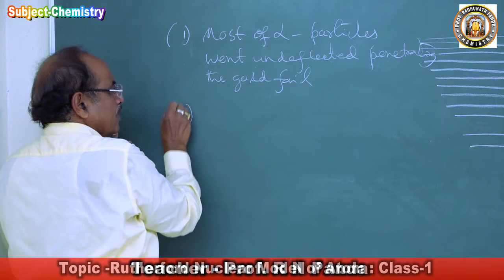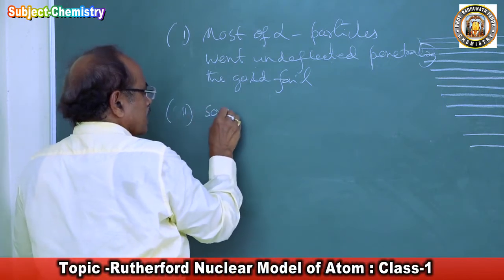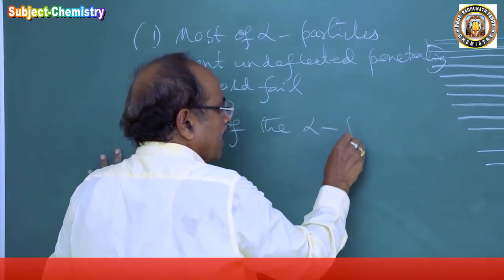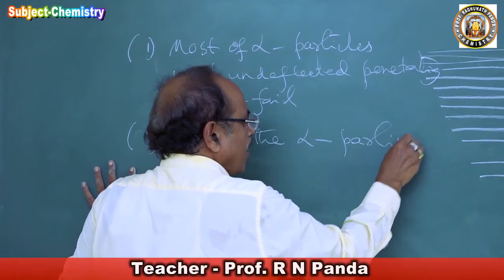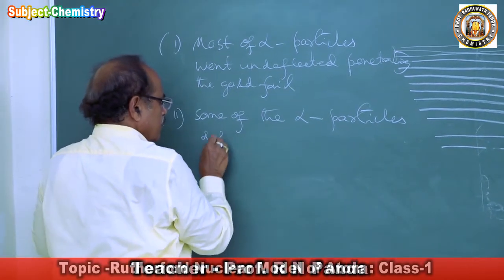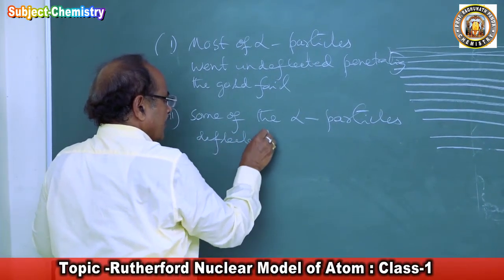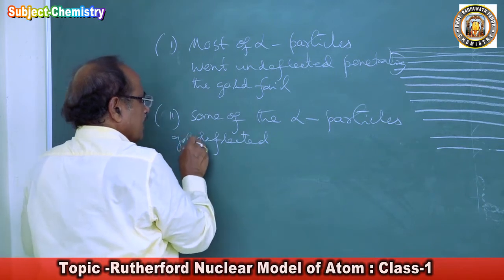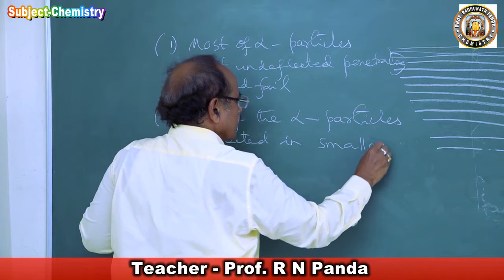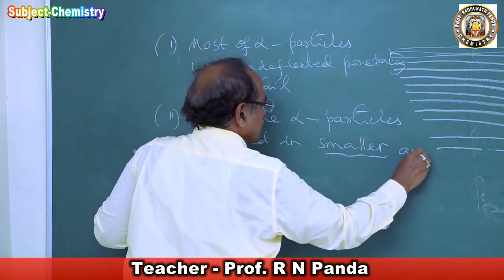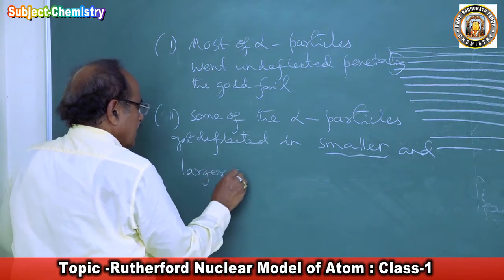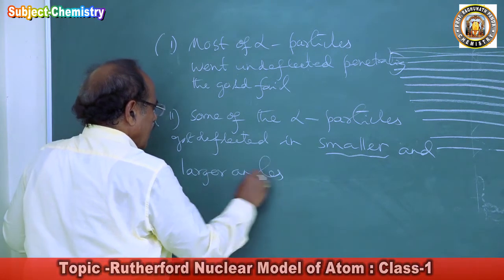Then the second observation: some of the alpha particles got deflected in smaller and larger angles.